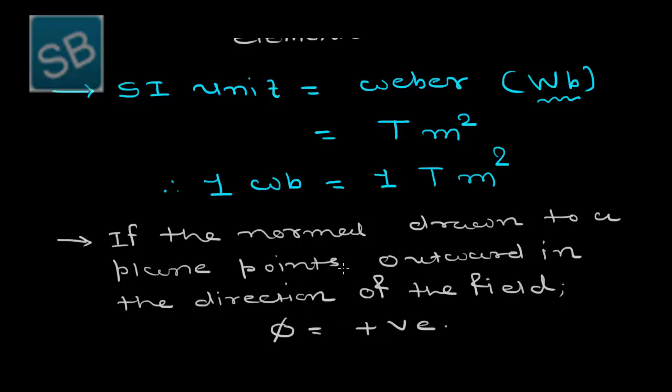So, when the normal is outward, the magnetic flux is positive.